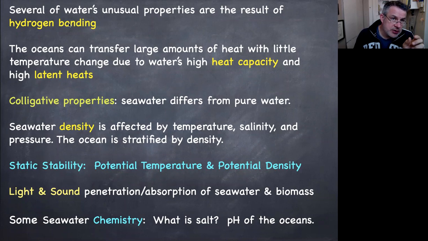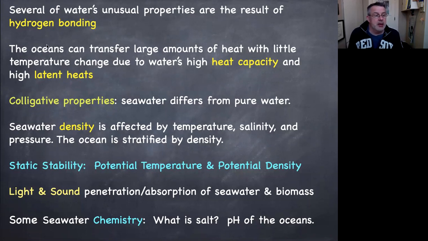The positive charges and the negative charges are very unevenly distributed over the molecule itself. So the molecules next to each other can bond, not fully, but hydrogen bond, which means they're attracted to one another. So the oceans can transfer large amounts of heat with little temperature change due to water's high heat capacity and high latent heats, which are both the results of this hydrogen bonding.